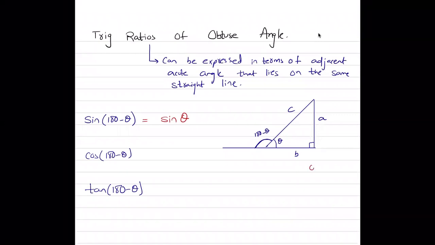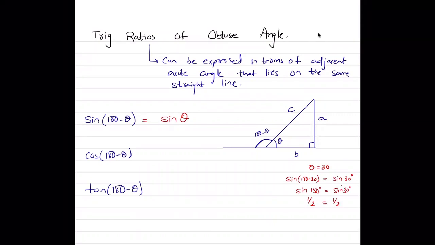Let's say theta is 30 degrees. Sine of 180 minus 30, which is 150, and sine of 30, both trigonometric ratios have the same value of 1 upon 2.